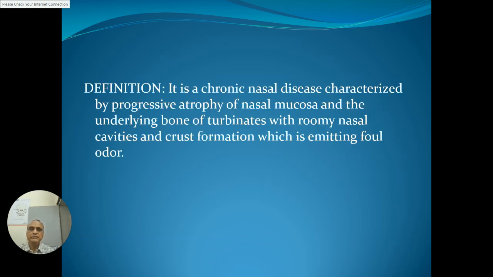As per the definition, it is one of the chronic nasal diseases characterized by the progressive atrophy of the nasal mucosa and the underlying bone of turbinates. The end result is roomy nasal cavities, and also the ciliary function gets affected.